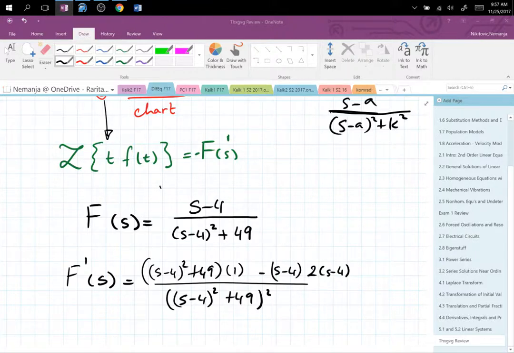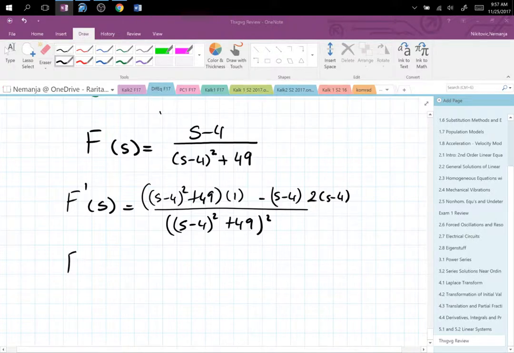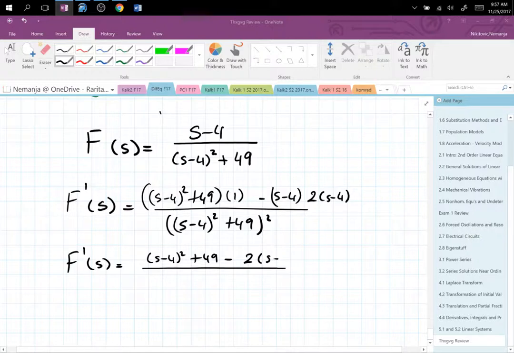So F prime of s is equal to s minus 4 squared plus 49 minus 2 times s minus 4 squared, and then s minus 4 squared plus 49, everything squared.